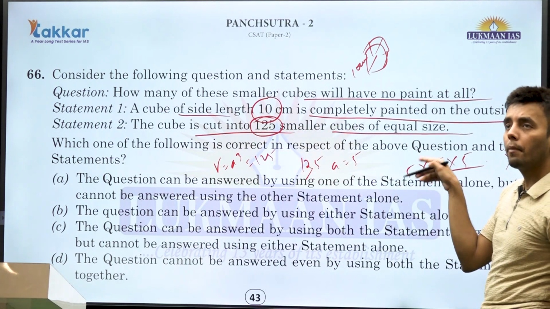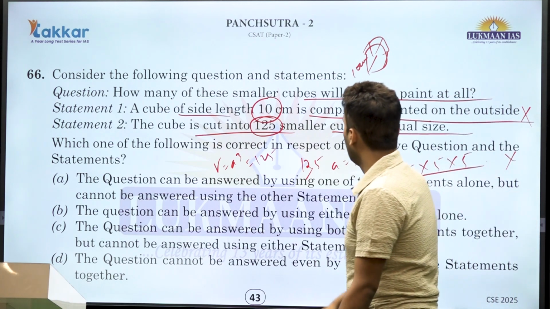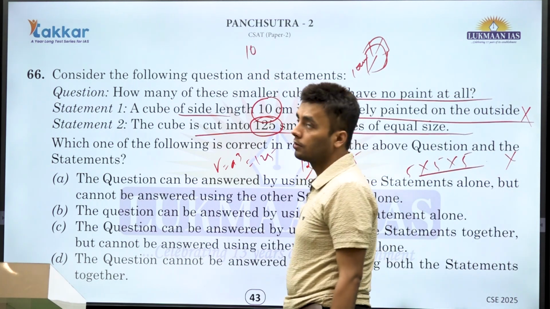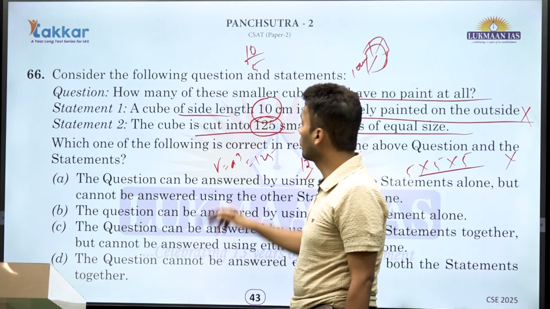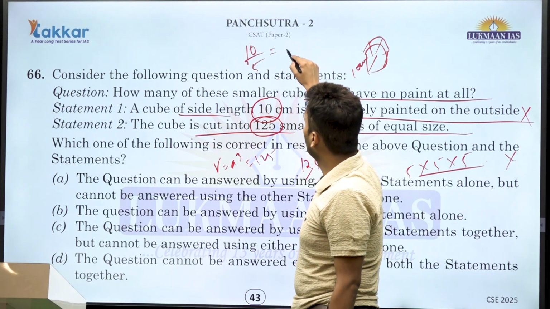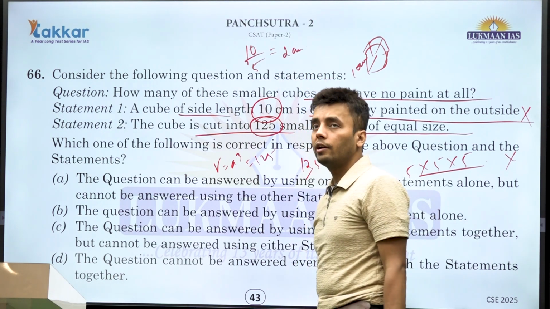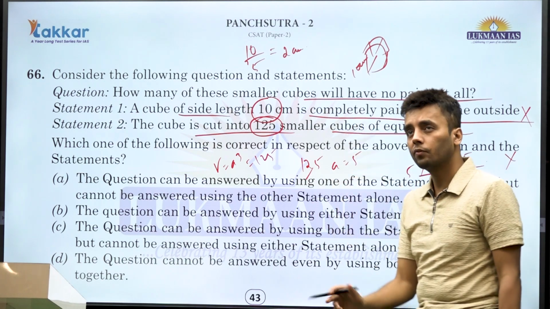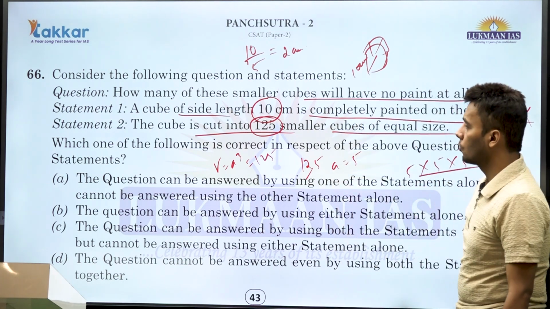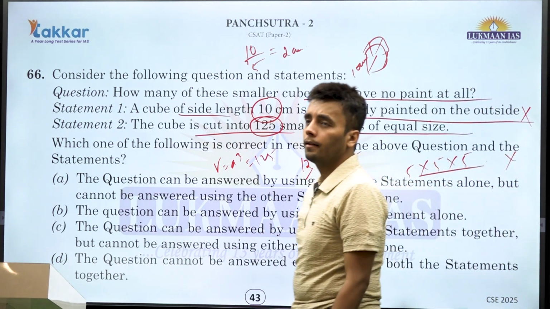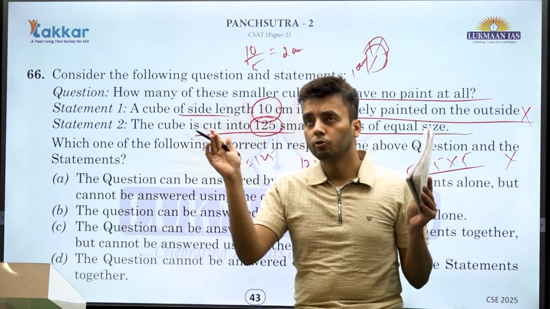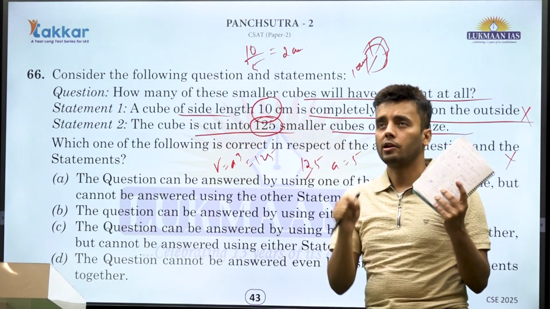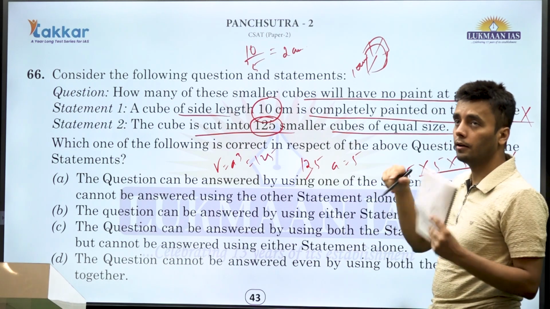But when we combine both, we know the original size is 10 and it is divided into 5, so each small cube is of size 2 centimeter. When it is painted, 1 unit will be deducted from each side.